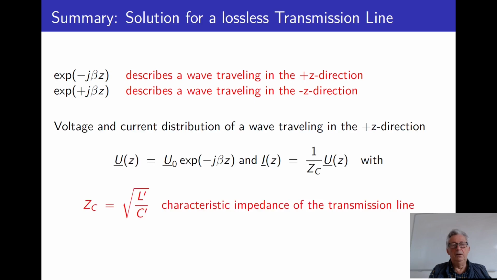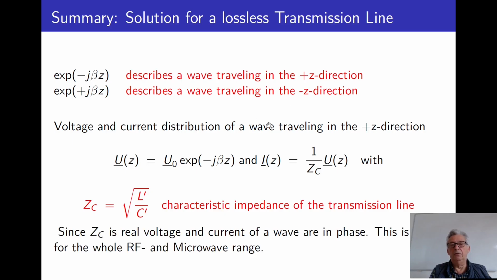And now we can write the voltage and current distribution of a wave traveling in the z direction. We can say U of z is U naught, a constant, times exponential of minus j beta z, and I of z will be equal to U of z divided by Zc, where Zc is given by this equation, which is the so-called characteristic impedance of the transmission line.